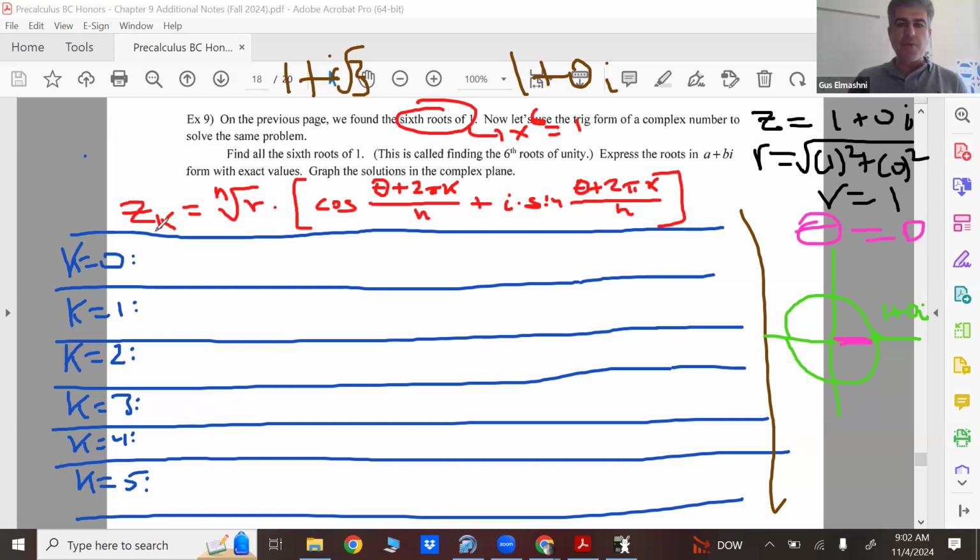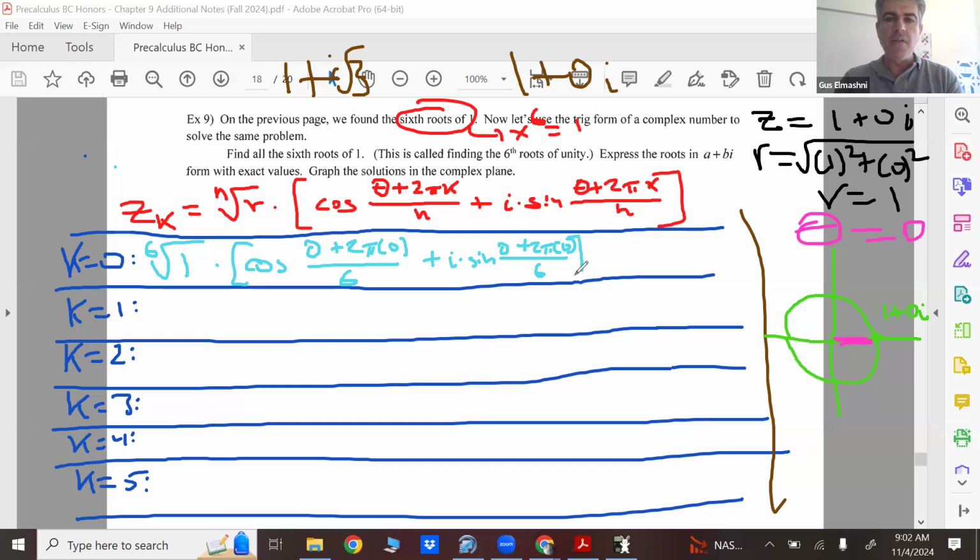All right, now let's go through the motions here. You're going to have the 6th root of 1, which I know obviously is 1, times cosine of 0 plus 2 pi times 0 over 6, plus i sine of 0.